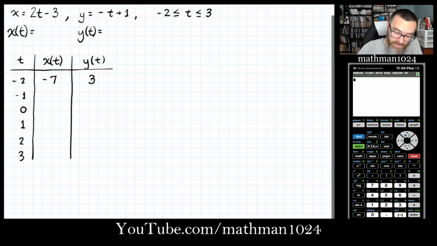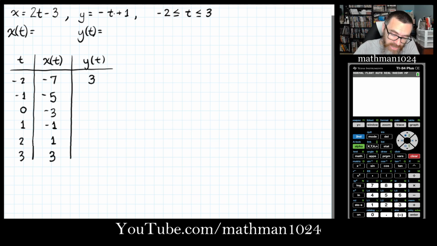If I plug in negative 1, I'm going to get negative 5. And because we have experience working with these linear equations, we start to see the pattern. Because my slope here is 2, I'm expecting this to increase by 2 for each increment that I have for t. So I know this is going to be negative 3, negative 1, 1, and 3. If you don't believe me, plug those in and you can verify that.